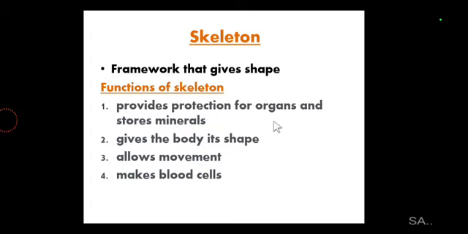So this is how the skeleton is not only giving the shape to the body, but it is also providing protection to the organs. Another important function is that it stores minerals, like calcium and phosphorus, which are deposited on the skeleton.